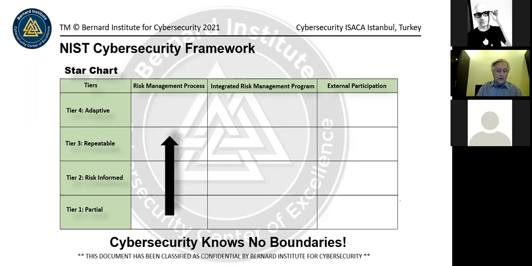Needless to say, you have to set a profile. So does your risk management process need to be adaptive, or is repeatable enough? You need to identify that before you start implementing the NIST framework, because everything that you implement is going to have some kind of a risk flavor to it. Some integration.